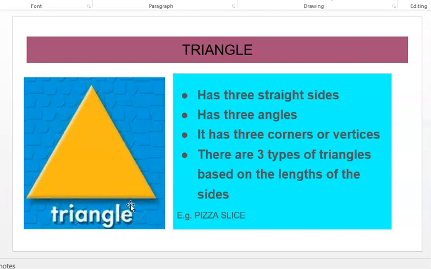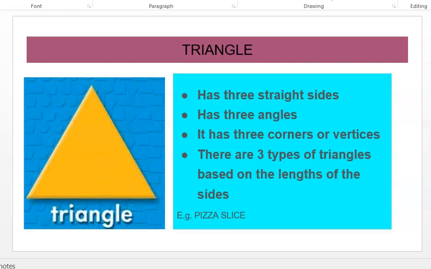If two of the sides are equal out of the three, you call it an isosceles triangle. And when none of the sides is equal to the other, we call that a scalene triangle. An example of a triangle around us is a pizza slice. Though in a pizza slice, you could find that the top part is a bit curvy, it gives us an idea of what the triangle looks like. There are other shapes that are triangles.